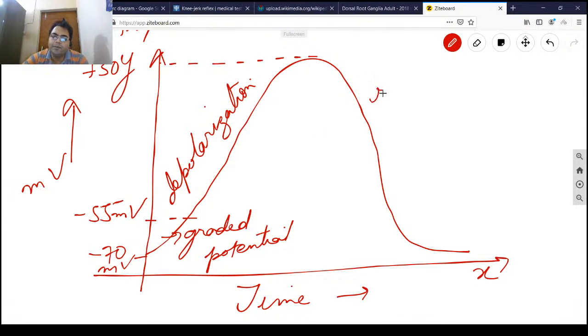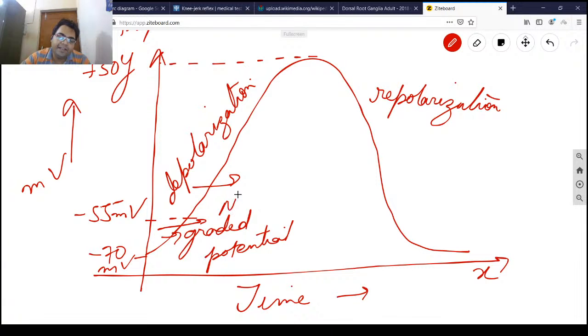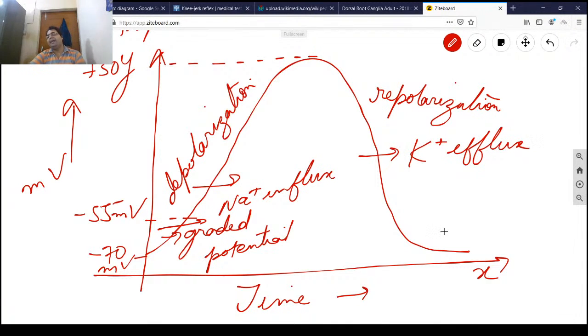This is repolarization. So this is all influx of Na plus, and this is K plus efflux. Now tell me, without Na plus influx, can current propagate forward? It can never propagate forward, right?